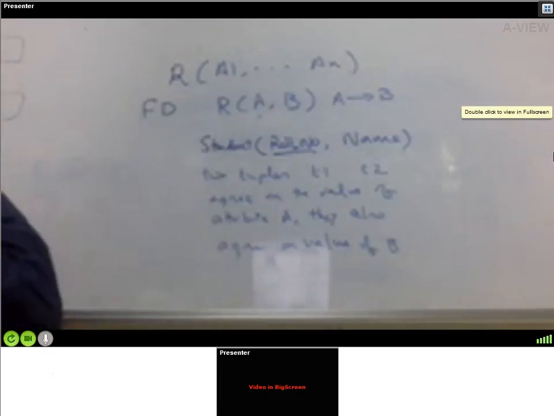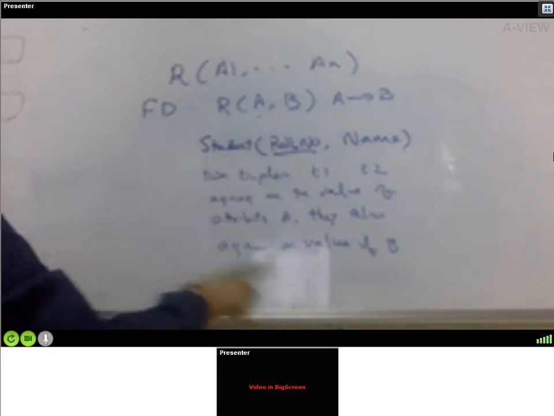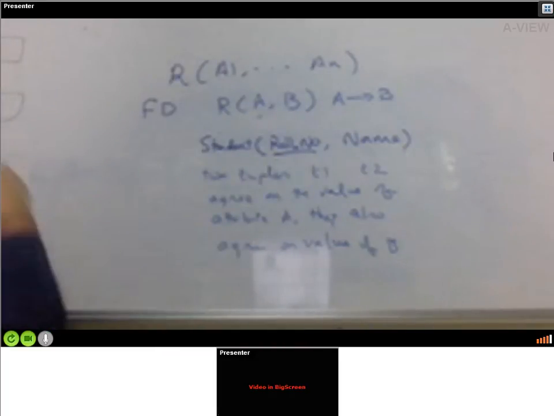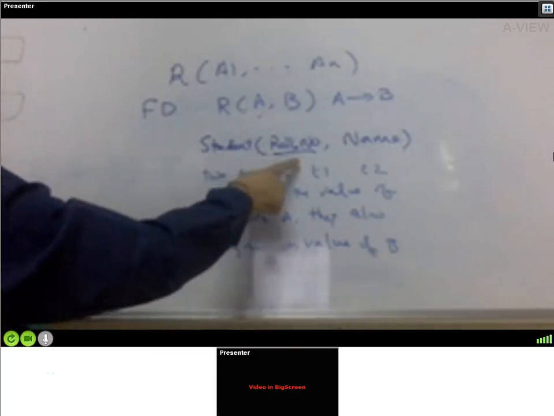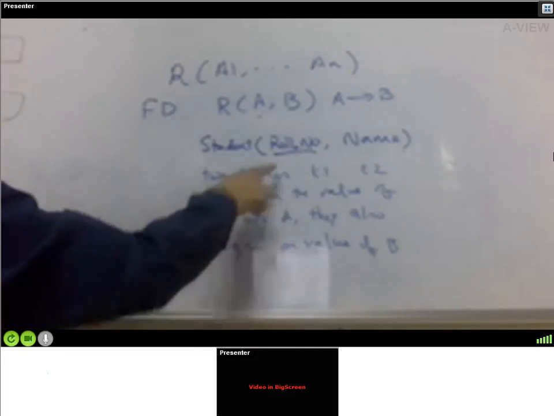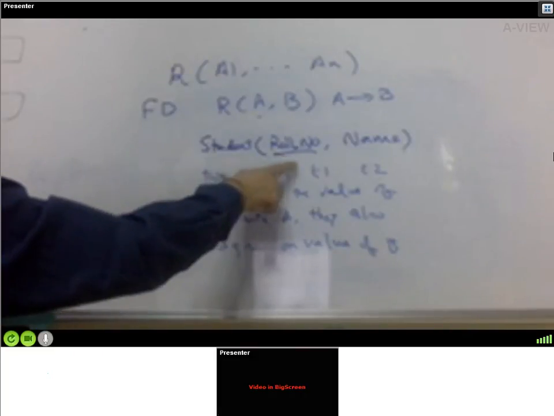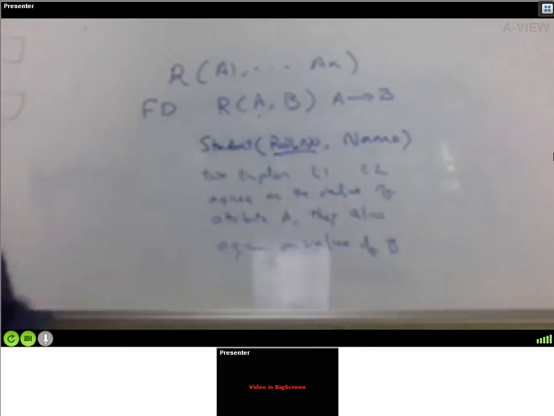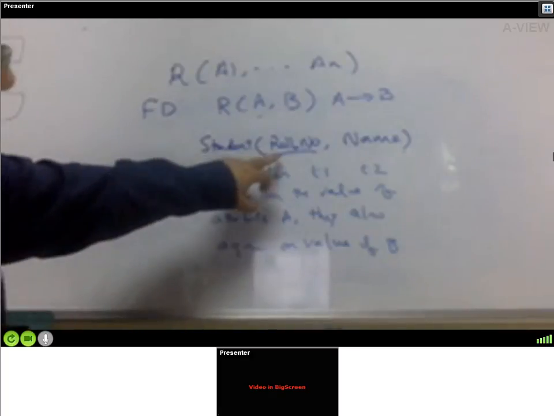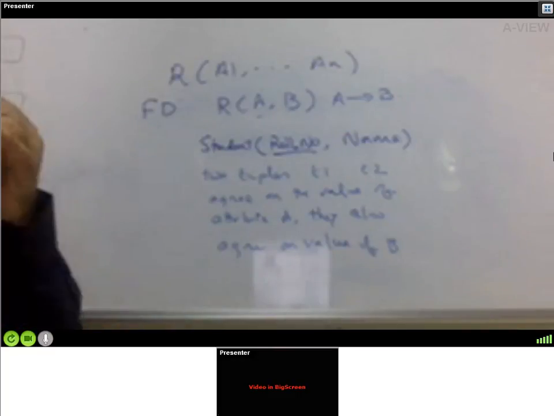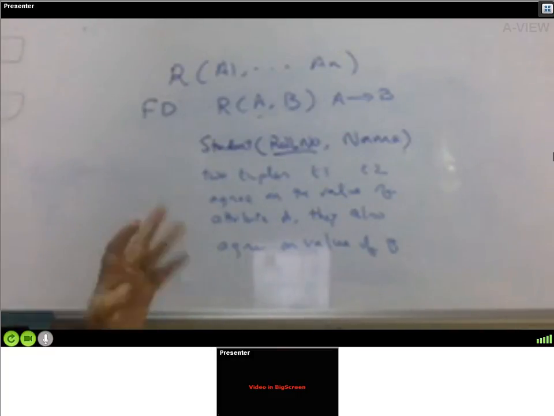A functionally determines B if, for any two tuples T1 and T2 in this relation, if they agree on the value of the whole number, they have to agree on the value of the attribute A. You can't have two tuples which agree on the attribute whole number but do not agree on the name. That's what we mean by a functional dependency.